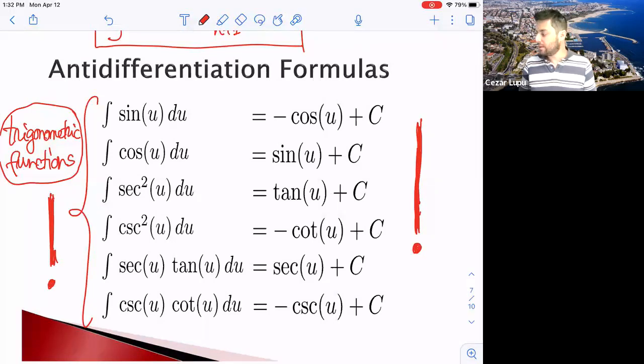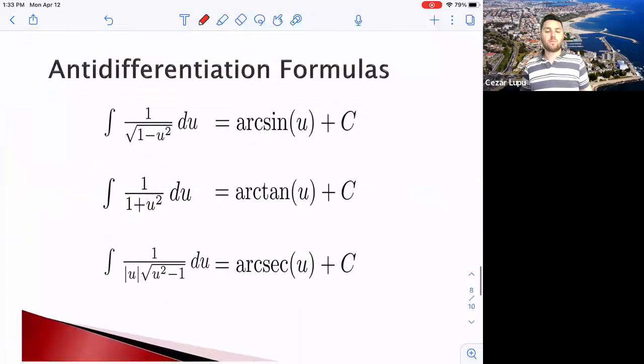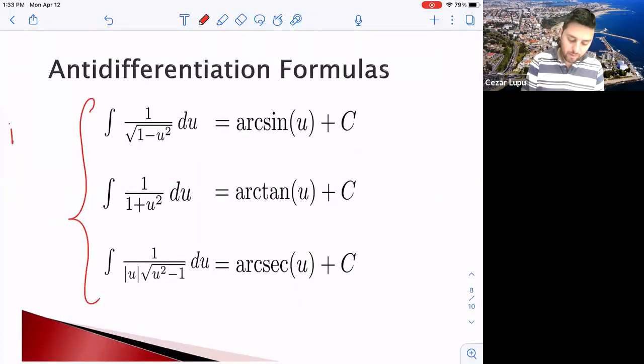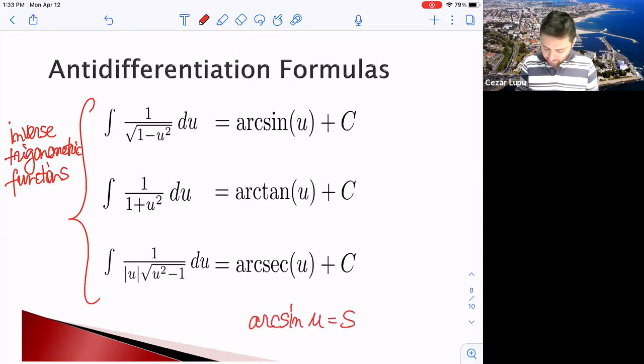So like I said, let's see some other formulas which would involve the inverse trigonometric functions. So here we'll deal with inverse trigonometric functions. Well, guess what? When I say arcsine, arctangent, arccosecant, arcsine is sine inverse.